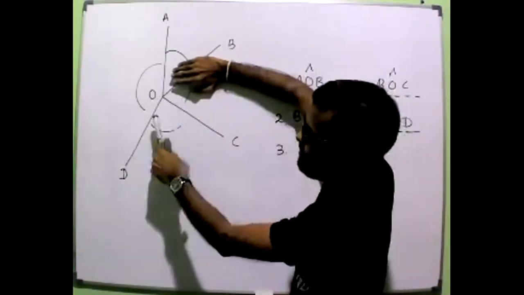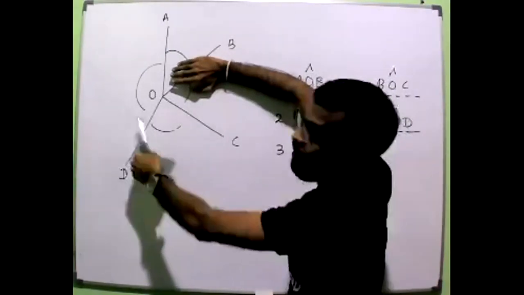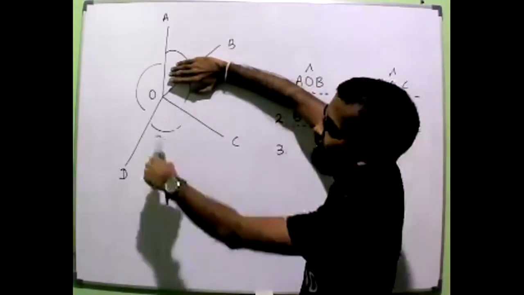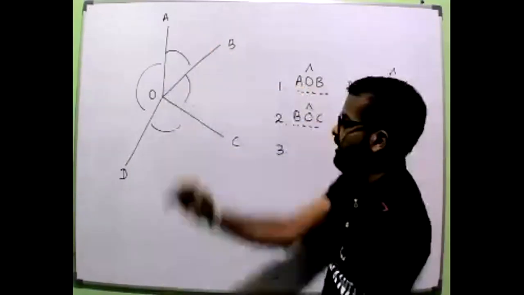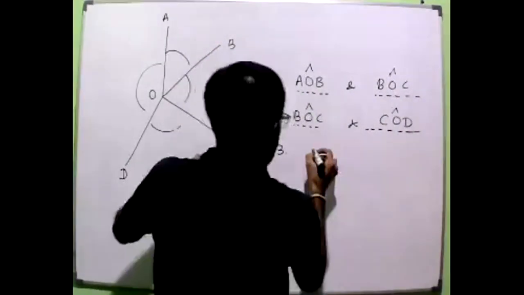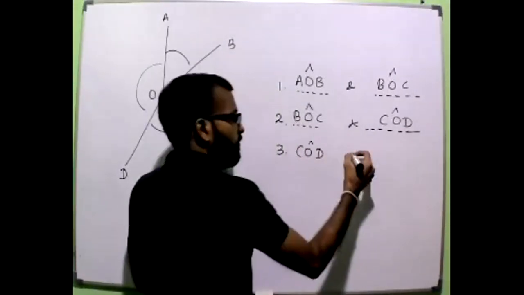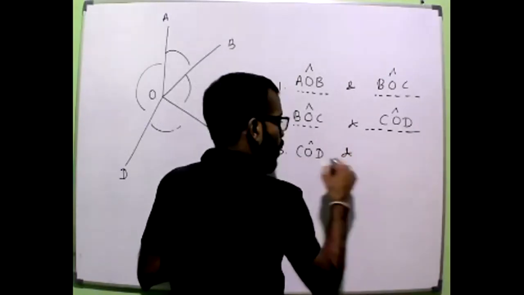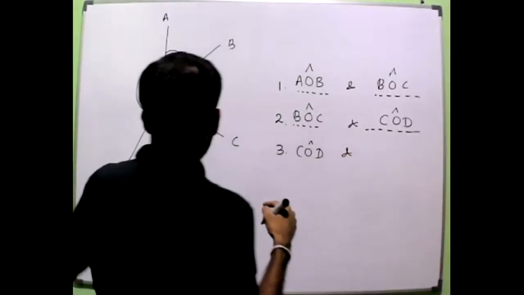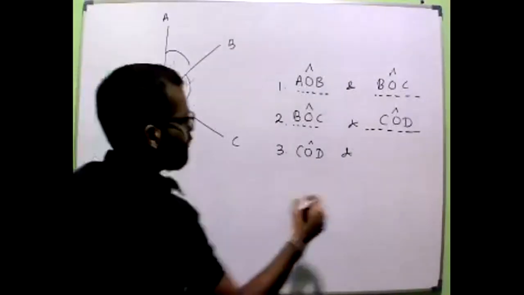So between this common arm, we have two angles on both of the sides. So as the third pair, I can write COD and DOA. You can write it either way, it doesn't matter.